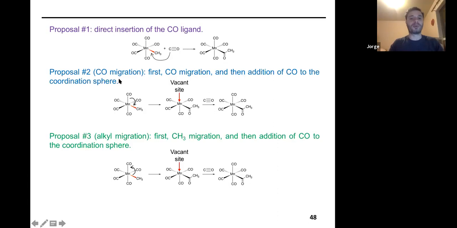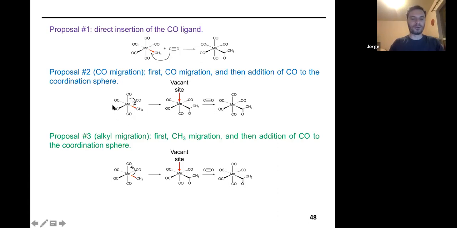Second proposal, also called the CO migration proposal, states that first there is a migration of a CO ligand and then addition of CO to the coordination sphere.